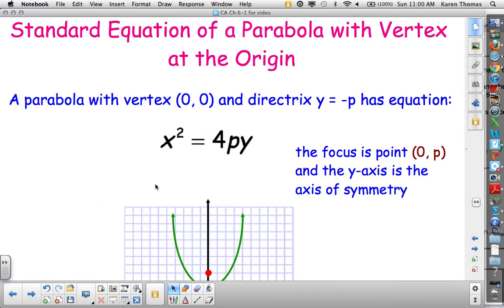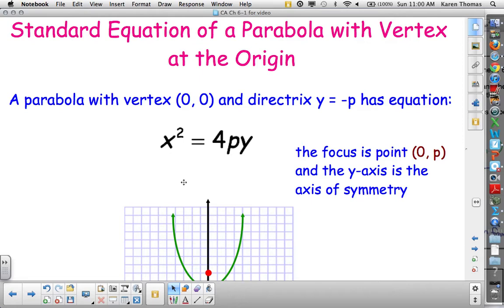The equation we're going to be using for our parabola in this section, with a vertex at 0, 0, and our directrix at y equals negative p, is x squared equals 4py.